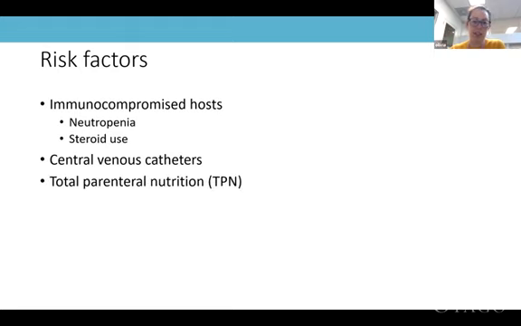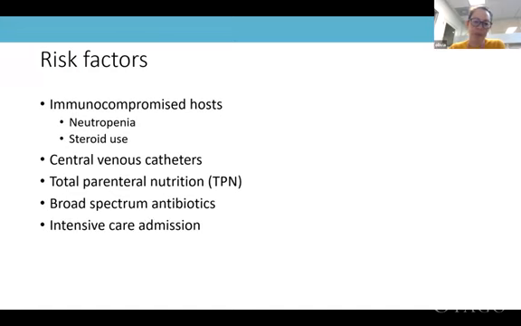It likes to stick to plastic. People who are on TPN nutrition are particularly susceptible because it's a whole lot of food that it can grow on. People who have been on broad spectrum antibiotics, because those promote the overgrowth of Candida on all the mucosal surfaces and wipe out all the other good bacteria.